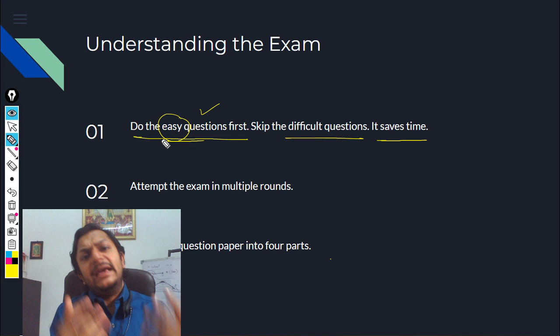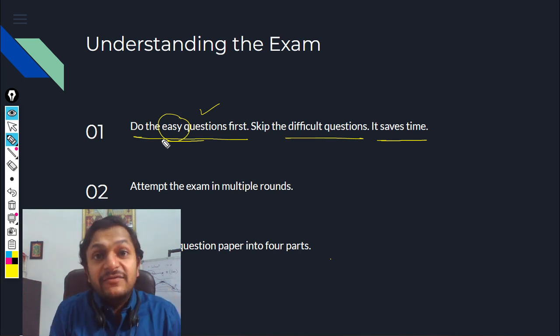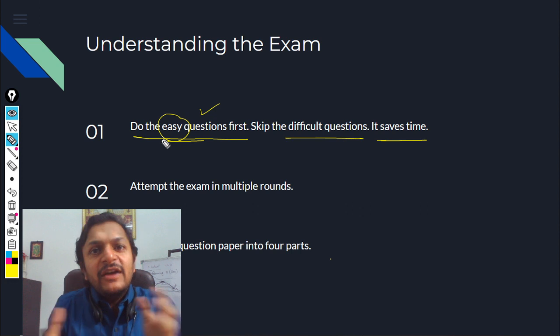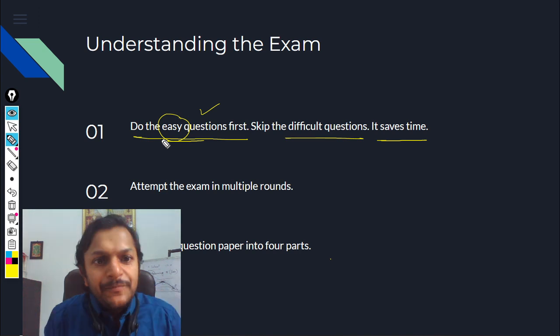For example, if you are good with waves and bad in motion, then waves will be easy for you. So I don't mean to say that if it is easy, it has to be from motion. No, I'm not saying that. So easy means the topics that you are comfortable with. So if there is a topic that you are comfortable with, that topic has to be finished first. So once you do that, that will be your round 1.